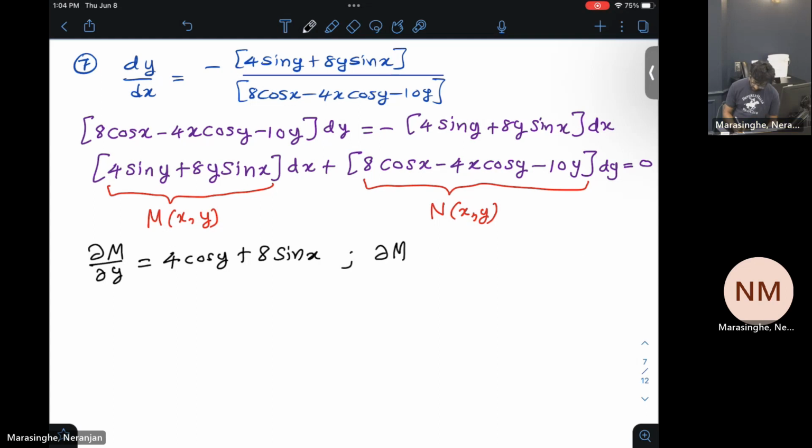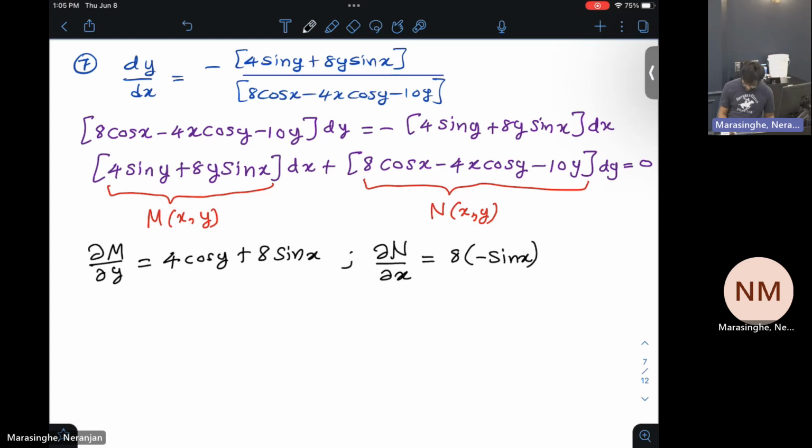Okay. ∂N/∂x is going to be 8 times the derivative of cosine of x, that is negative sine x.